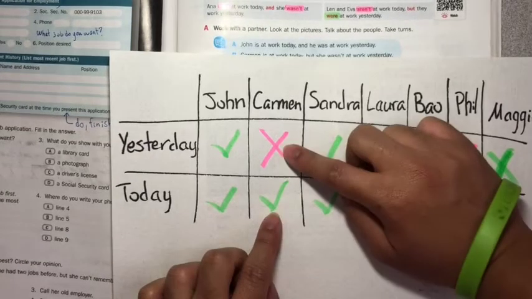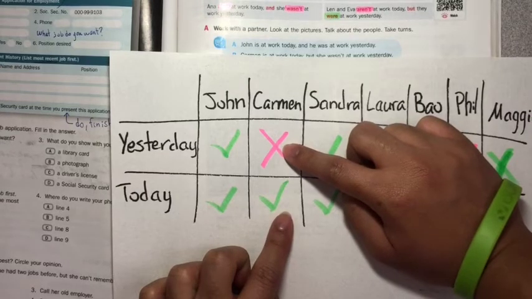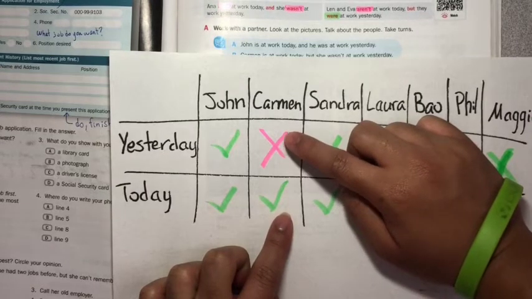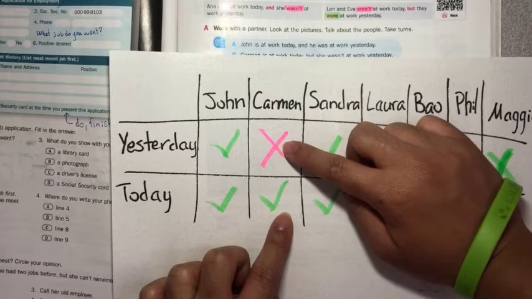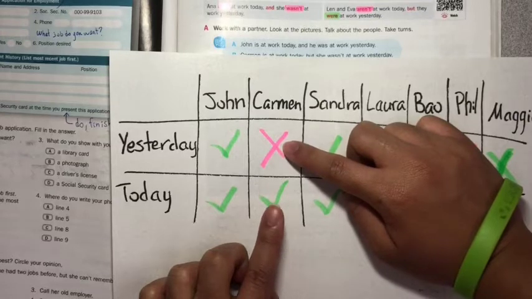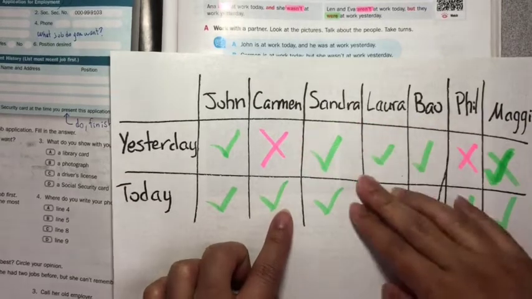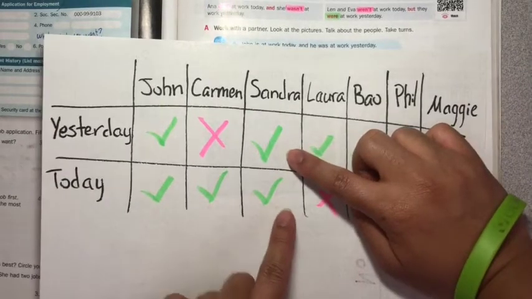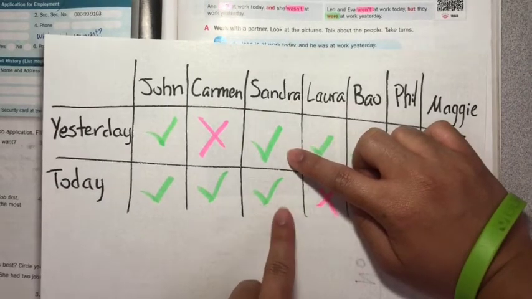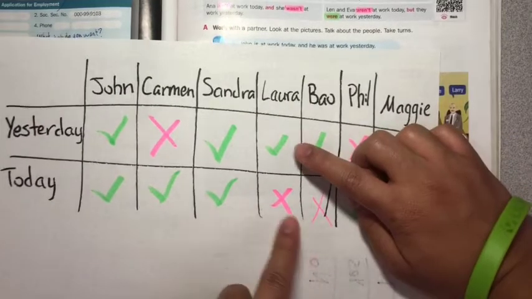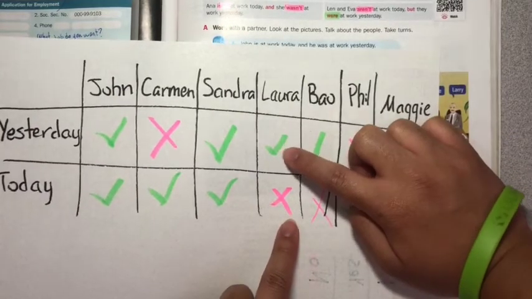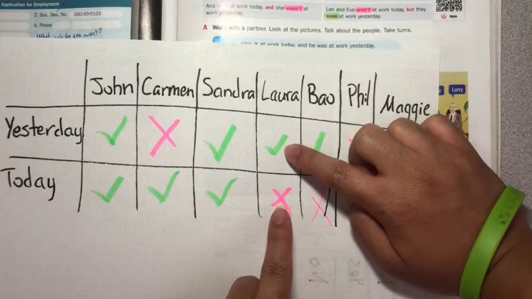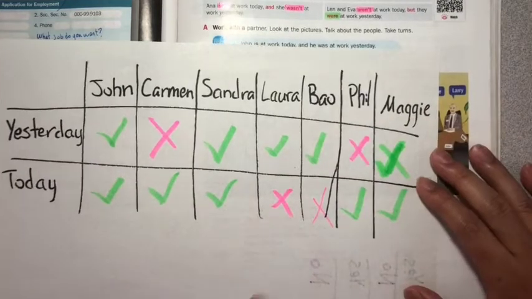Because we have no and we have yes, when we put them together, we use the word but. Carmen wasn't at work yesterday, but she was at work today. Sandra was at work yesterday, and she was at work today. Laura was at work yesterday, but she wasn't at work today.